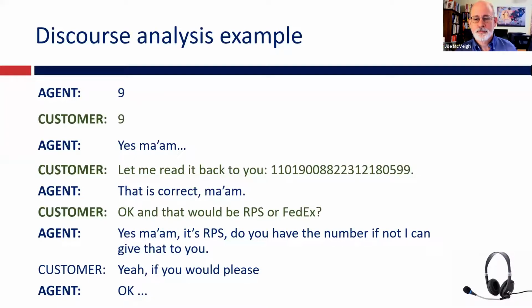Let me just read it back to you. 1101 9008 8223 1218 0599. That is correct, ma'am. Okay, and that would be RPS or FedEx? Yes, ma'am. It's RPS. Do you have the number? If not, I can give that to you. Yeah, if you would, please. Okay.